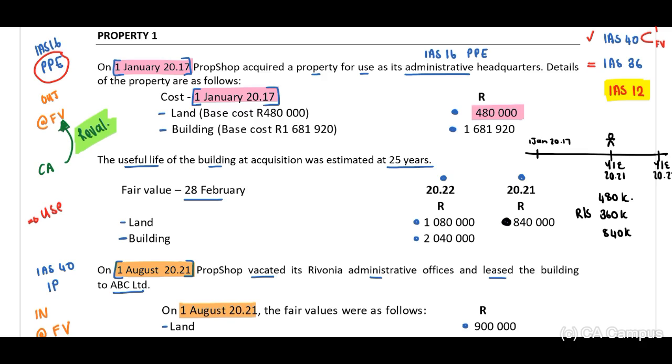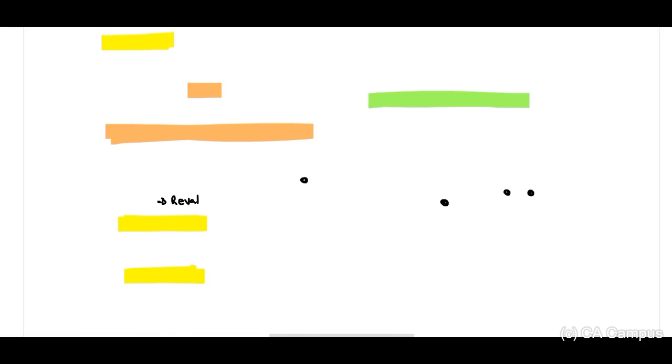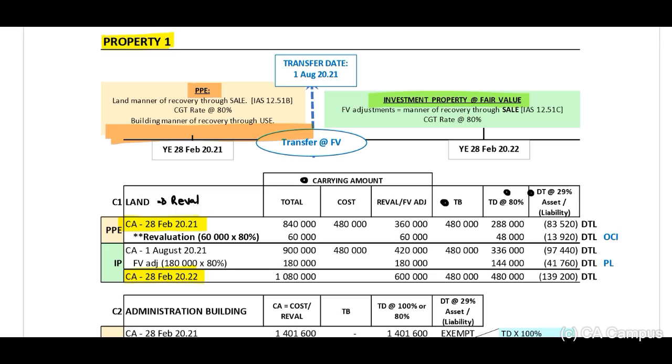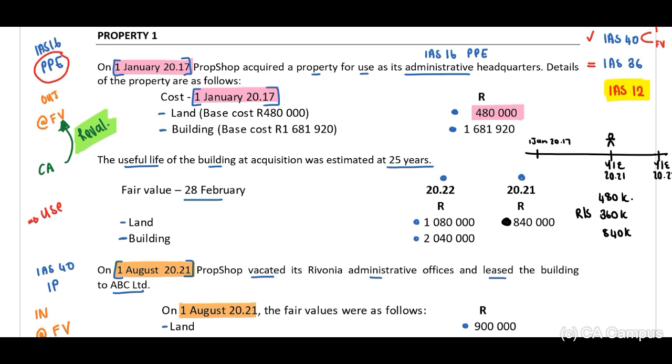Therefore, we are able to identify in our deferred tax calculation that we have our cost, 480,000, and our revaluation surplus, 360,000, therefore a total of 840,000. If you look at the scenario, our total is 840,000.